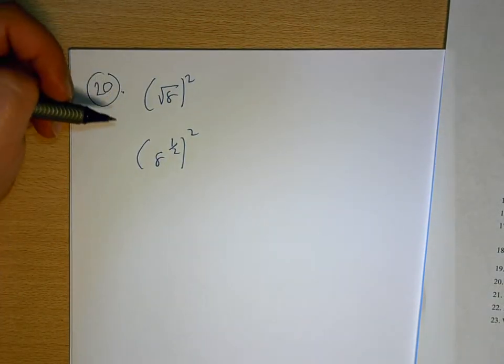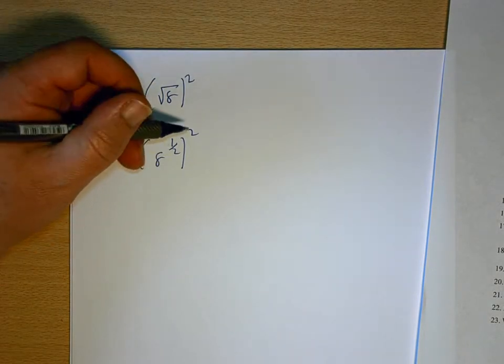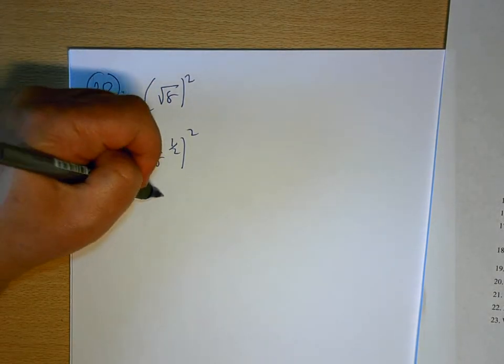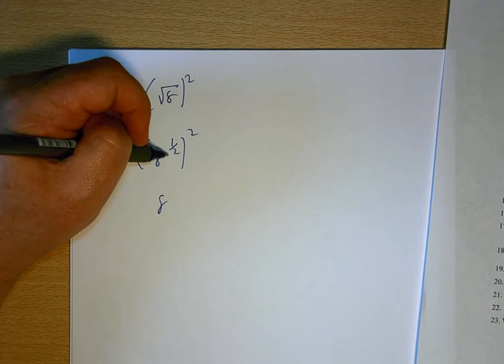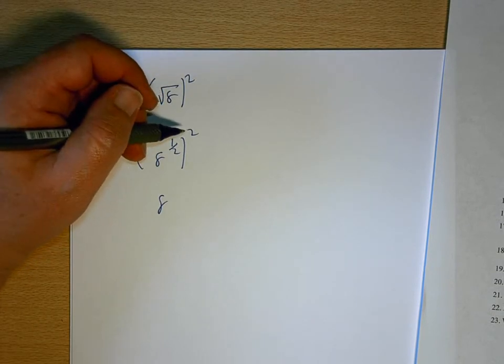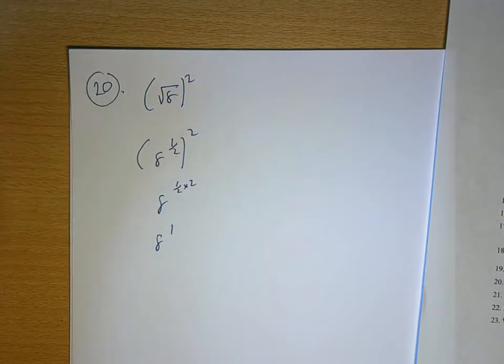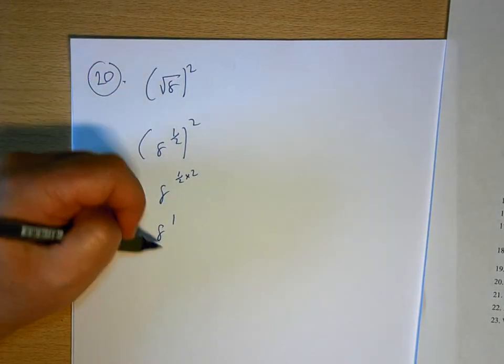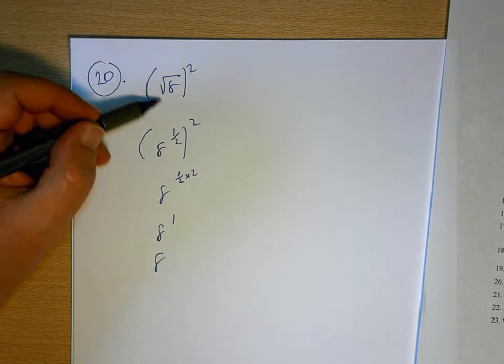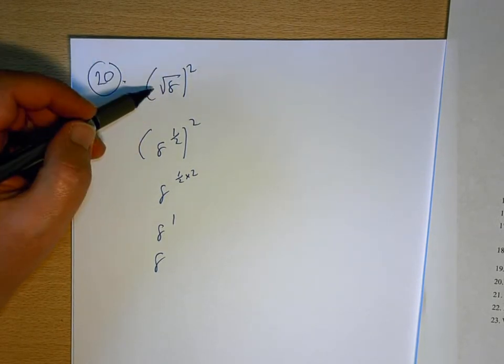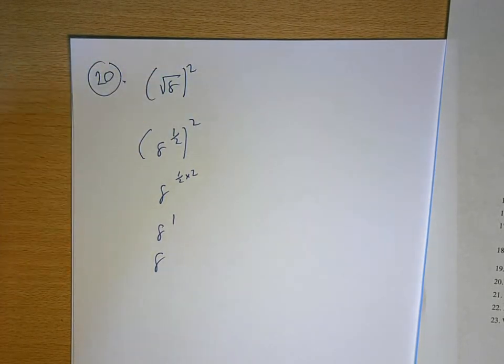When I'm raising a power to a power, I'm going to multiply, and half times 2 is 1, so it's 8 to the power of 1, which is 8. Okay, so basically what you're doing is you're squaring the square root, and if you're squaring the square root, you're just undoing it. So that becomes 8.